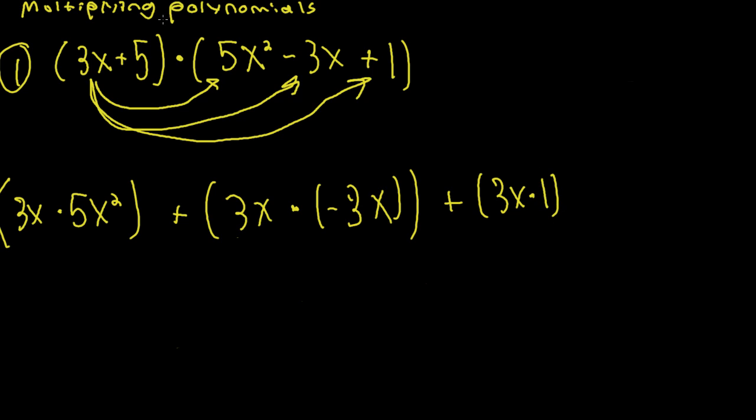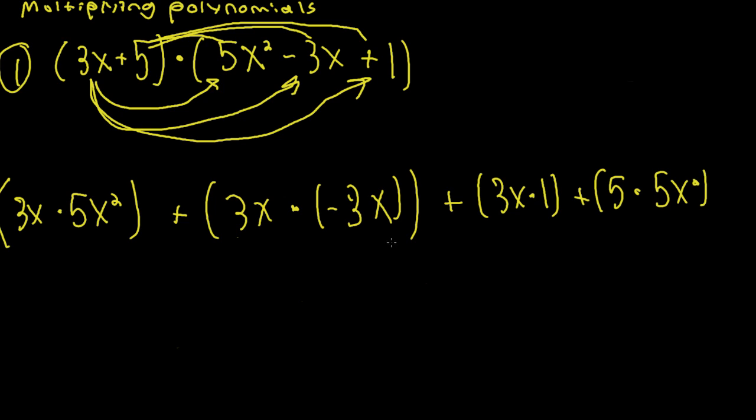Now, after doing that, I'm going to take my 5 and multiply it with everything in the second set as well. So, I'm going to have 5 times 5x squared, so plus 5 times 5x squared.